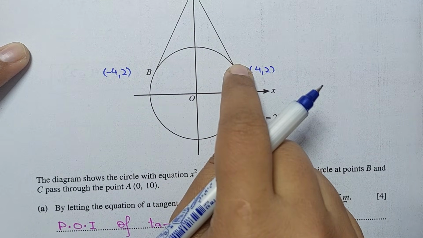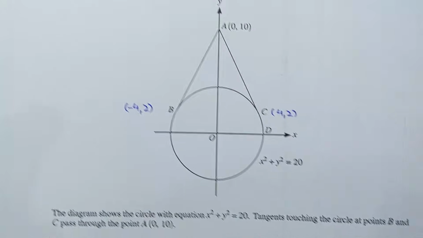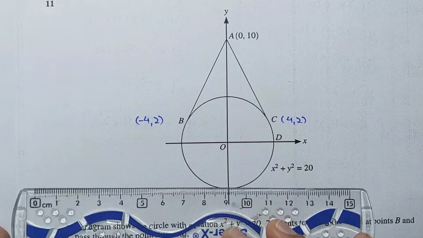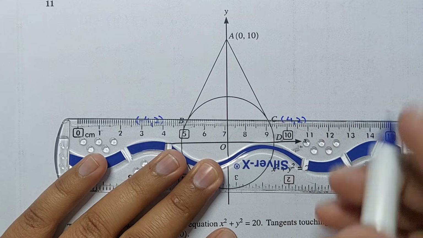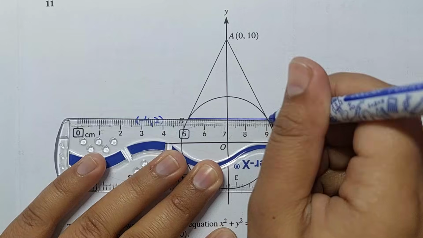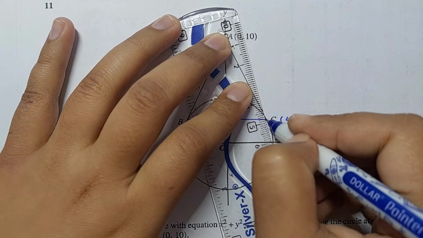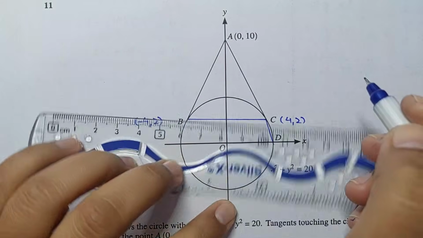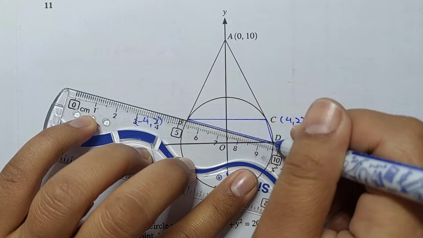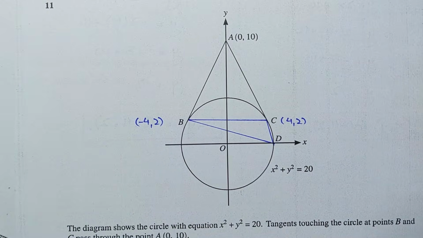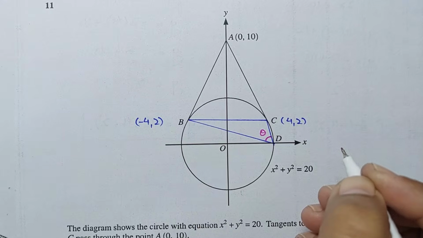Okay, let me join them. B joins with C, C joins with D, and D joins with B. So we need to find the angle B, D and C, this angle. Let's say this angle is theta.